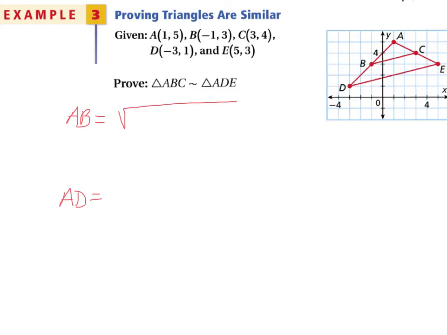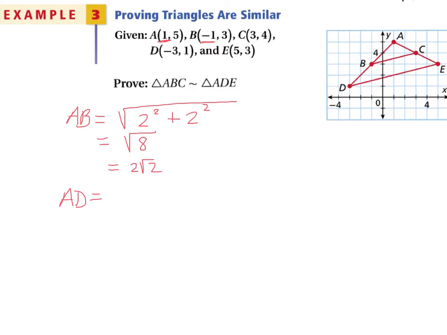So let's find the distance of AB. I'm using the coordinates here, so 1 and -1, that gives me 1 minus -1, which is 2 squared, plus 5 minus 3, which is 2 squared. That gives me 4 plus 4, which is the square root of 8, which gives me 2 root 2.